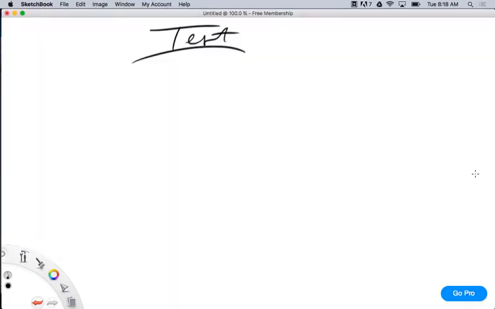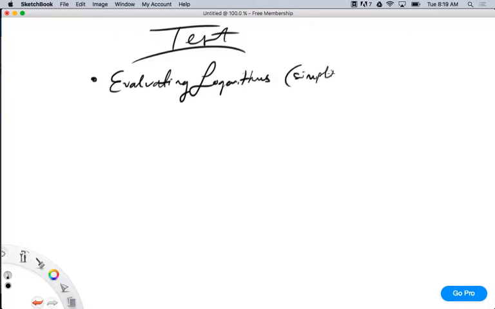Okay, so logarithms test. The first thing the test is on is just evaluating logarithms. And that's simple and advanced.